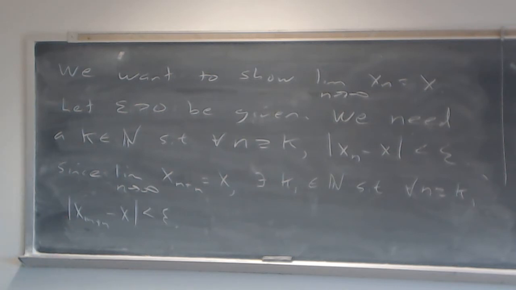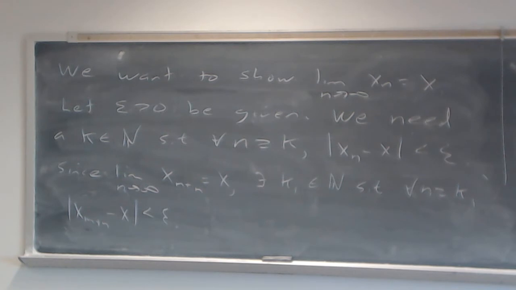Okay. So I'm going to come over here to the side, and I'm going to move the camera in just a second. But let's remember this 1 over n. This is our original sequence x of n that we use as an example.